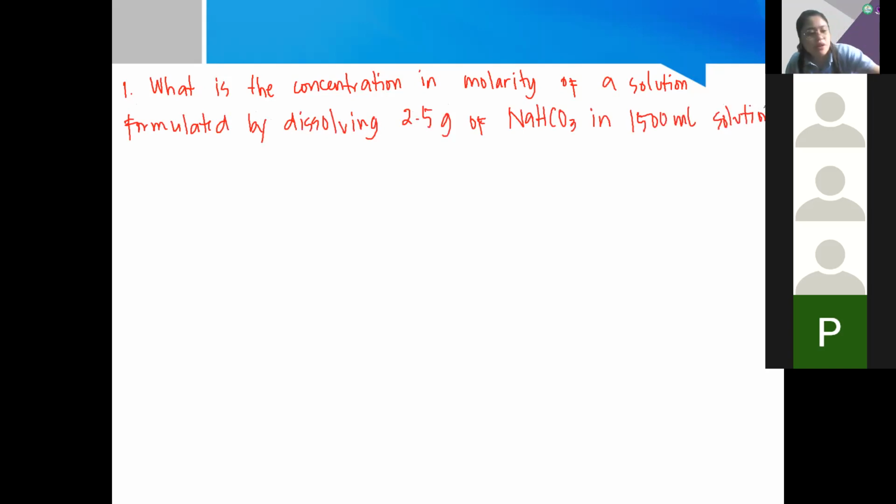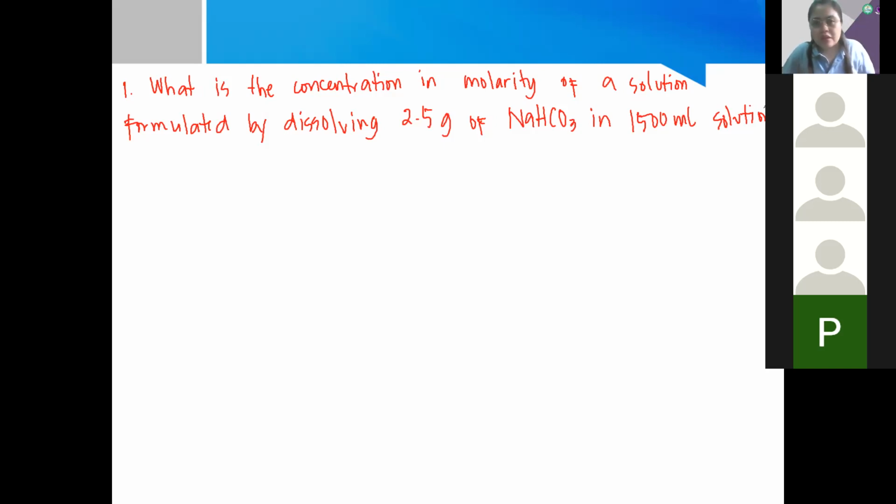Okay, what is the concentration in molarity of a solution formulated by dissolving 2.5 grams of sodium bicarbonate in 1,500 ml solution?